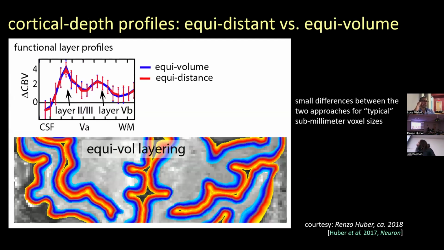The cortical depth profiles from the equivolume and the equidistant are pretty similar. Now, I think we know that the equivolume approach is capturing a feature that's known to be there. It may be that this approach is going to work best for really small voxel sizes. But for conventional fMRI voxel sizes today, I think one doesn't have to fret too much about which approach you use. I think both are going to work pretty well.